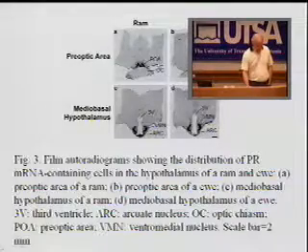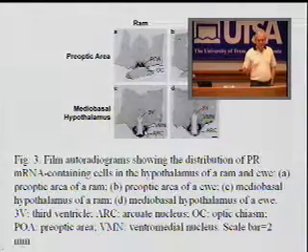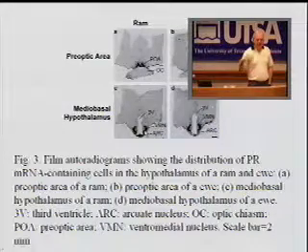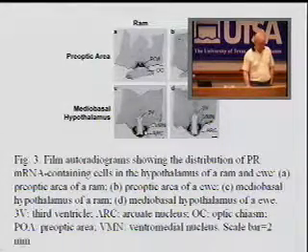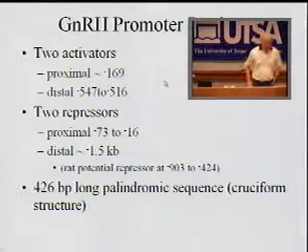This study had not done the co-localization study. Remember, at this time in situ hybridization was a hot method. We could ask the question, what neurons in the brain express this particular gene? So this study established that part at least.